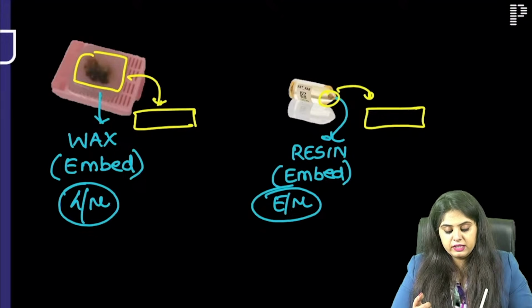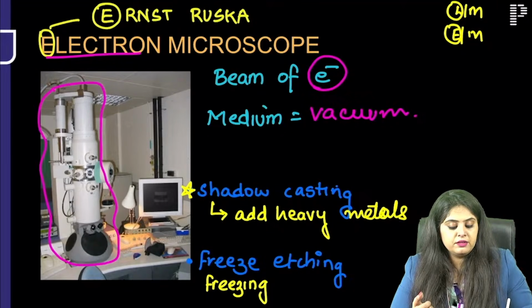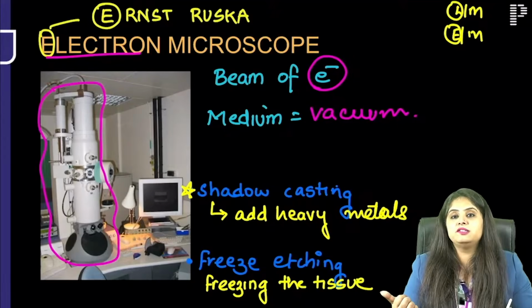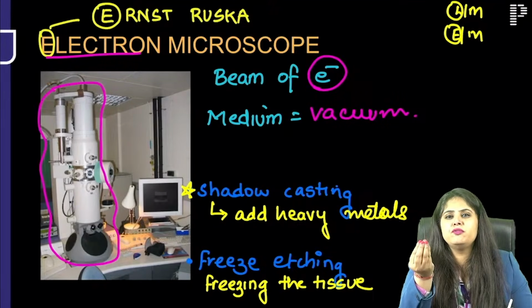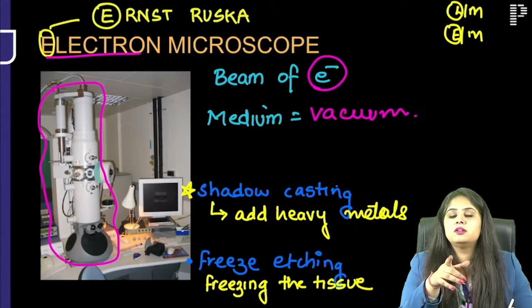Then we started doing a technique known as freeze etching. Freeze etching is freezing the tissue. And they said, don't put it in resin, because resin is making your tissue very, very shrunken. Put it in some deep freezer.